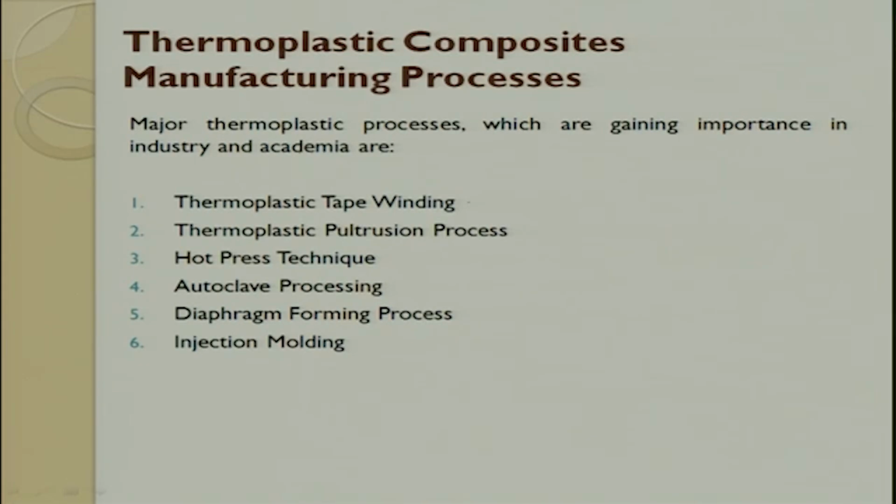The thermoplastic tape winding process is one, thermoplastic pultrusion process, hot press technique, autoclave processing, diaphragm forming process, and injection molding are some of the processes which are gaining importance. It is still in research. There are few industries which are doing a tape winding process. There are few industries which make huge products.